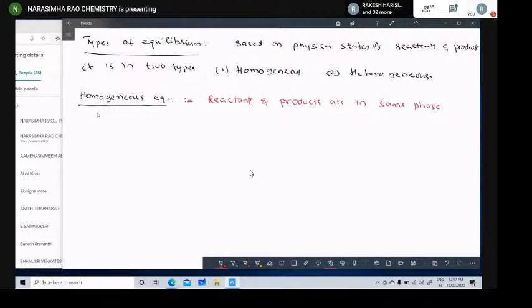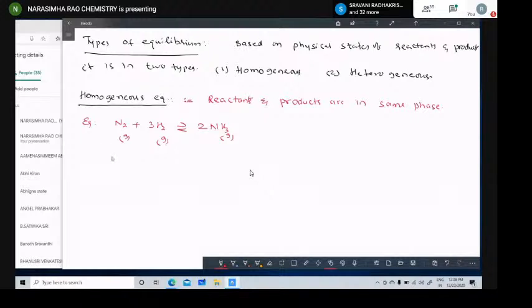Example, what I am taking: N2 plus 3H2 is in equilibrium with 2NH3. This is gaseous, this is also gaseous. Now all are in the same physical state.